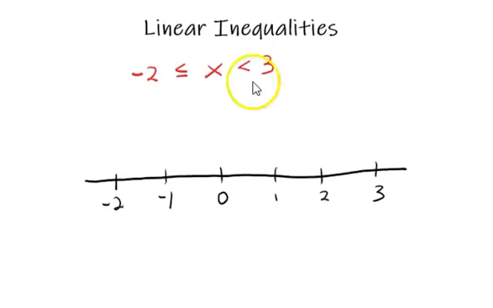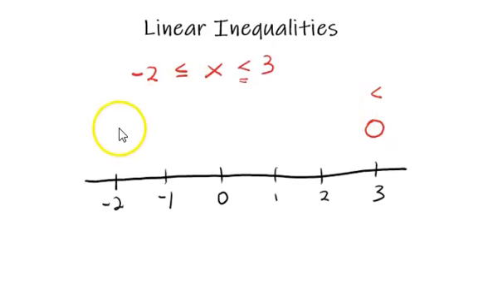Okay, now we have a range of x values where x is less than 3 and more than or equals to -2. So what we can do here is put a circle at the 3, for the less than sign.